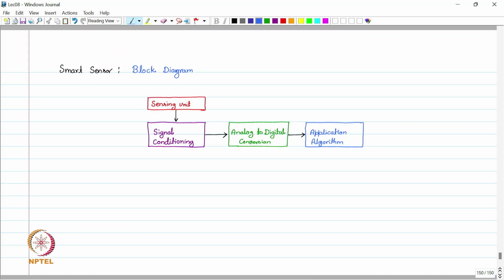This application of algorithm phase can have simultaneous input from the memory, which is the inbuilt memory in the smart sensor, and the user interface.